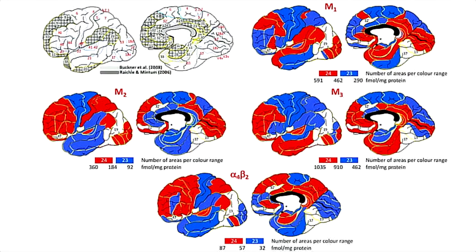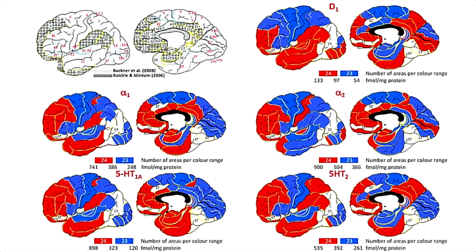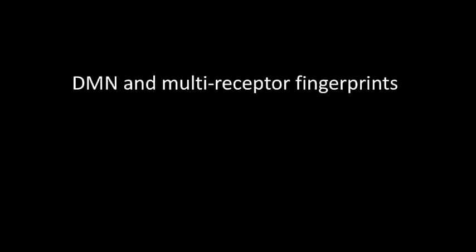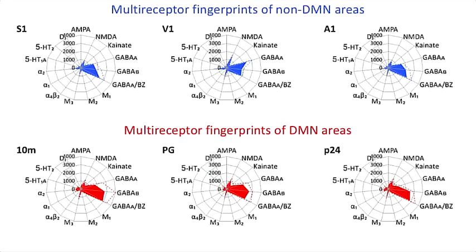Now let's go to the next level of analysis. We can ask a question: if not a single receptor defines a default mode network, do eventually all the receptors together interact in an area in such a way that a specific balance between the receptors is reached?